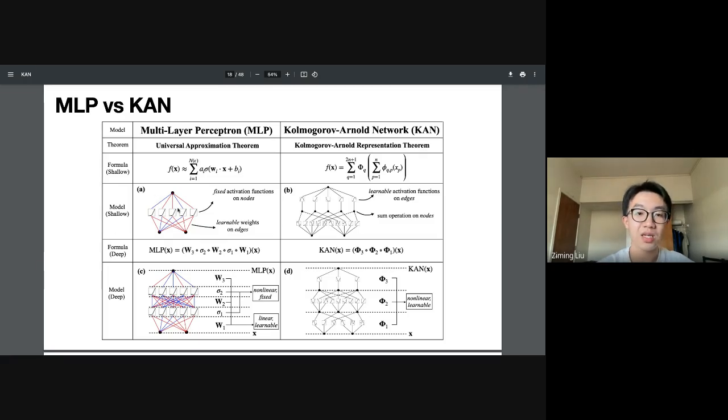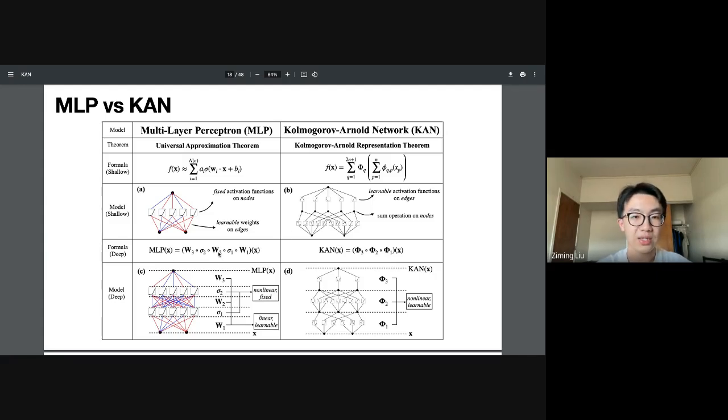For MLPs, you have learnable linear weights on edges, shown as these blue and red lines, and you have fixed activation functions on nodes. But for KAN, you have learnable activation functions on edges, while on nodes, it's basically the summing operation, which has nothing to learn. So MLPs and KANs are dual in the sense that the nodes and edges are fixed or learnable.